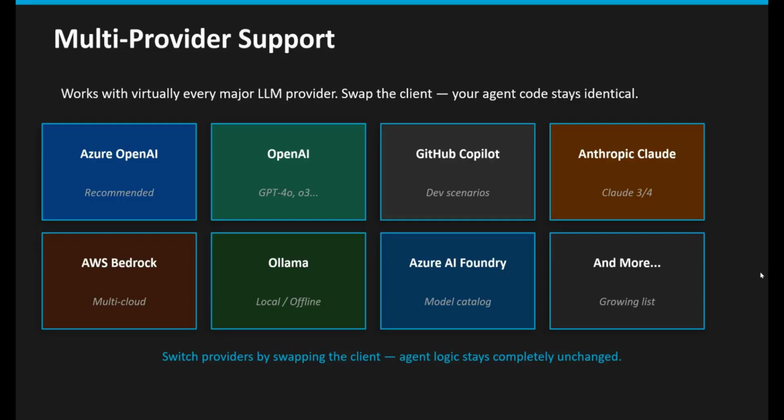The best part, your agent code stays completely unchanged. You just swap out the client behind the scenes. That means you can start prototyping super fast on your laptop using a local Ollama model, and then later switch to Azure OpenAI for production or a normal OpenAI. The good thing is, without touching a single line of your agent logic.